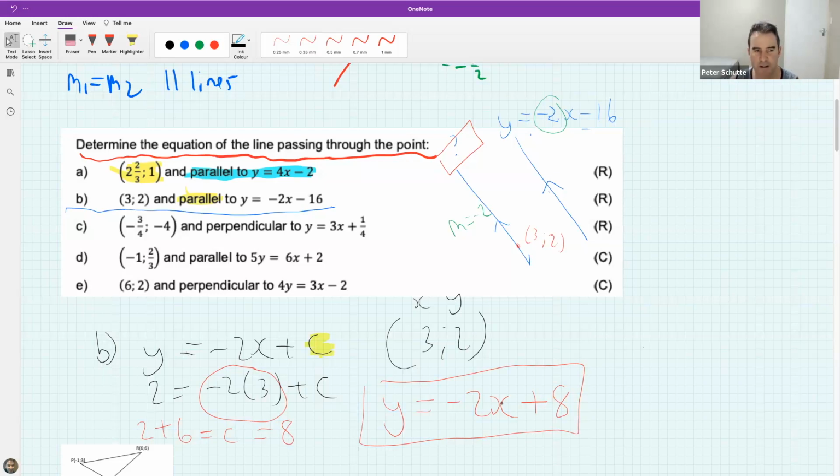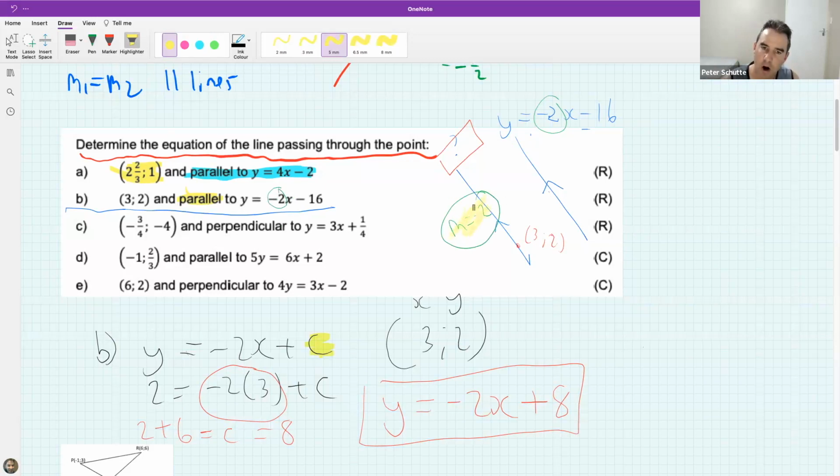So if I've lost you, let's just take a quick little walk back down memory lane. The main idea that I used was I said, look, the original line's gradient is minus 2. Because this line is parallel to another line, it must also have the gradient of minus 2.